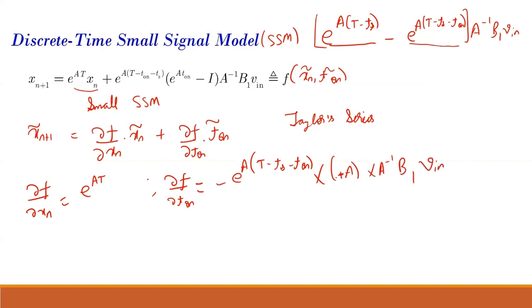This minus of minus becomes plus. This a and a inverse get cancelled. So partial f with respect to t on becomes equal to e raised to a t minus ts minus t on into b1 into vn, right?